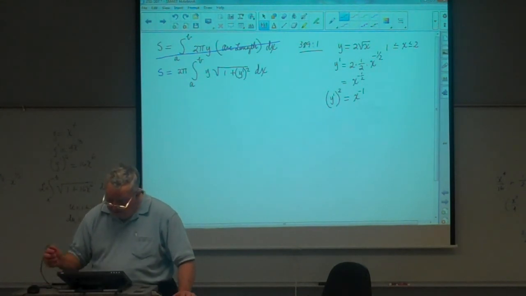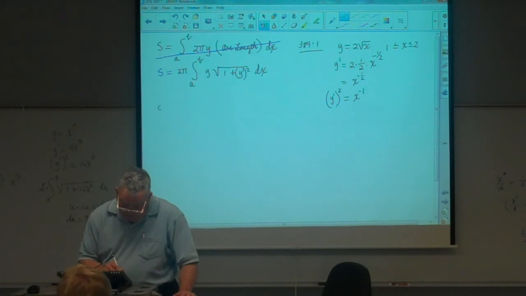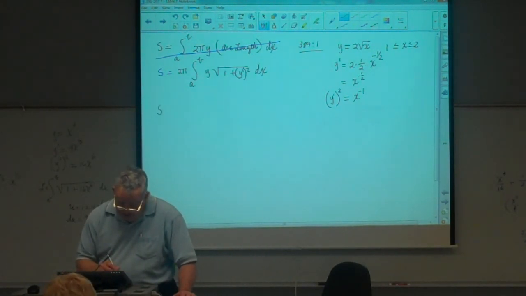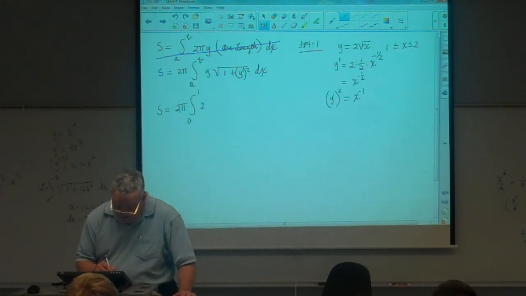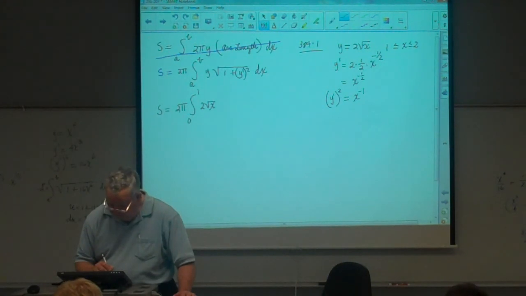Okay? So now the surface area in this case is equal to 2 pi times the integral from 0 to 1 of 2 times the square root of x. Wait, isn't it 1 to 2? I'm sorry, what? Isn't it 1 to 2? It is.